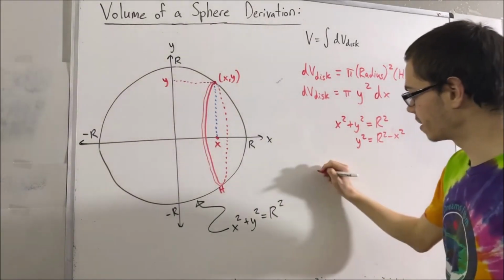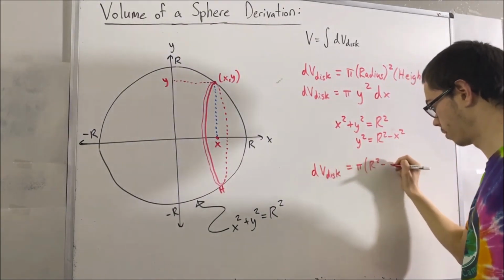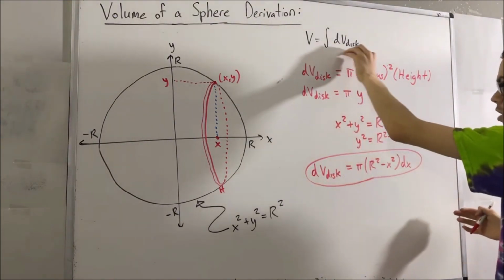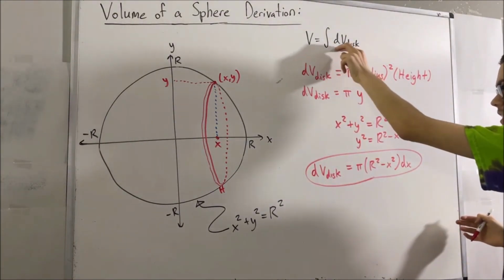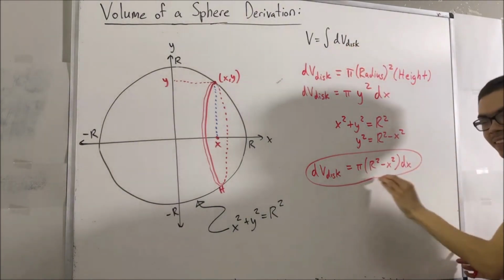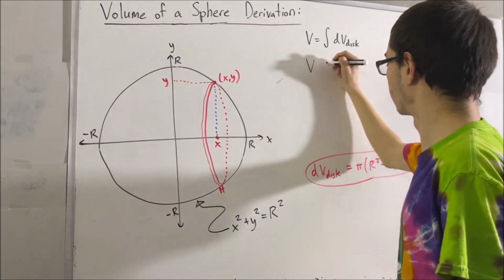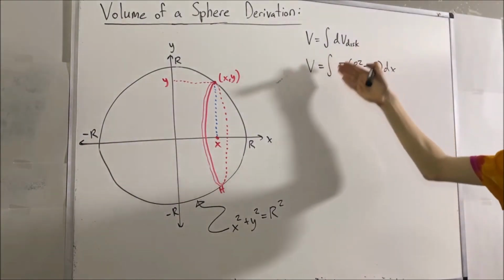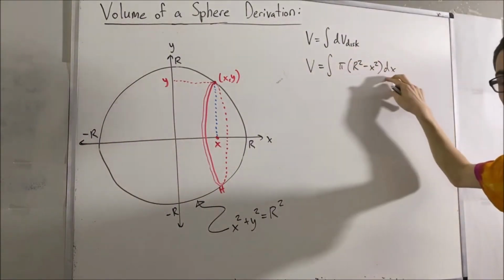So really what we get is this. So we can take our integral and rewrite dV disk as this. So now we have our integral with respect to x.